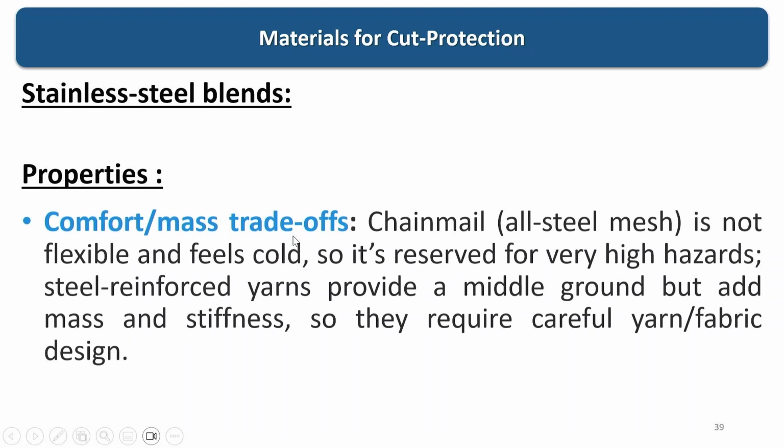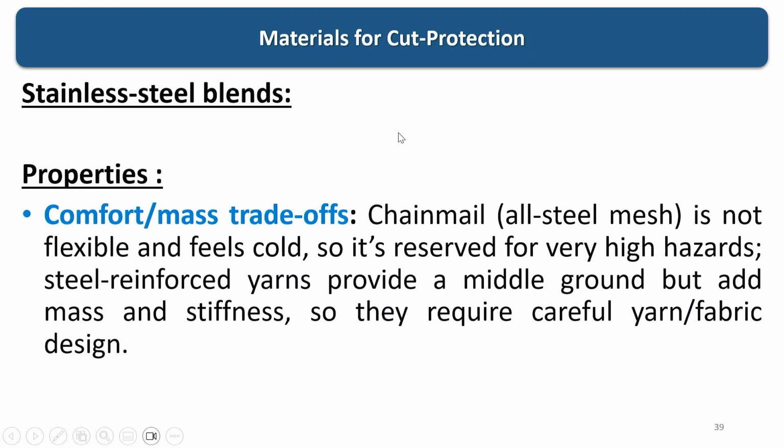The properties you can see: comfort and mass trade-off. That is the main problem with stainless steel protective textiles. It is heavy weight. The chainmail is very commonly used with all steel mesh.